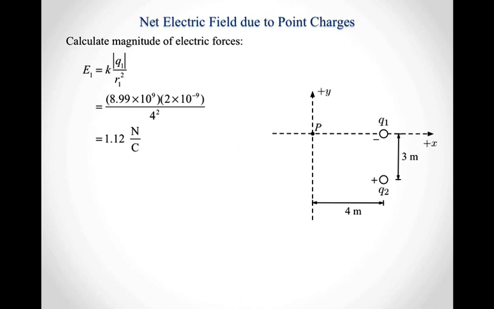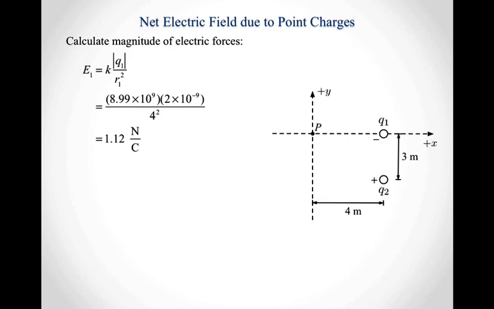So I'm going to do this twice, once for particle 1, so E1, its magnitude is going to be K times the absolute value of Q1 over R1 squared. So K, I know its value, 8.99 times 10 to the 9th. Go ahead and plug that in. Q, again, I want the absolute value, so I don't worry about the minus sign here. So when I plug in Q1, it's just 2 times 10 to the minus 9.